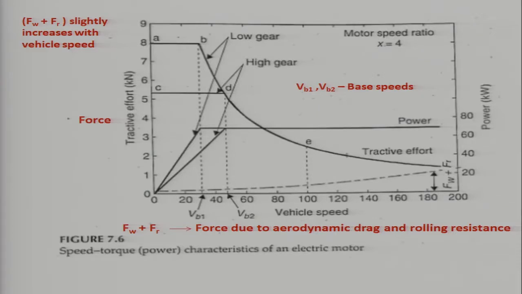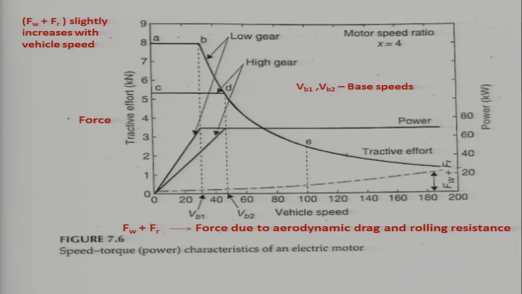VB1 is here, the base speed, which could be around 30, and for high gear the base speed is a little higher, say around 50. So 30 and 50 are the two base speeds for these two gears. Low gear has lower speed, high gear has higher speed.